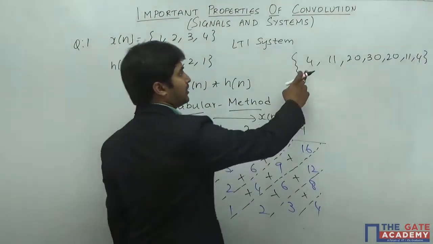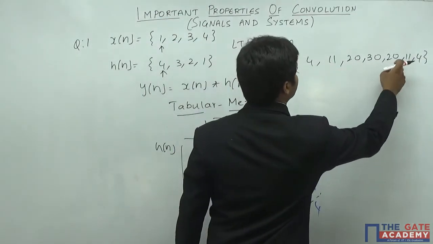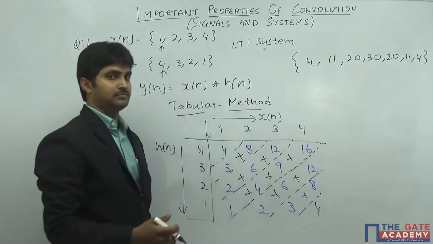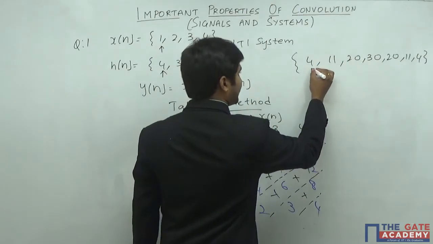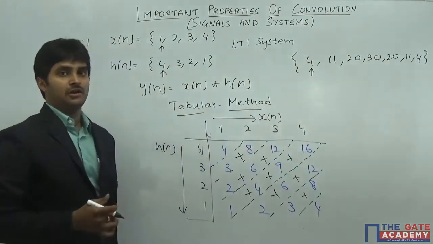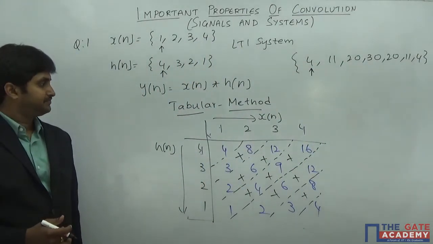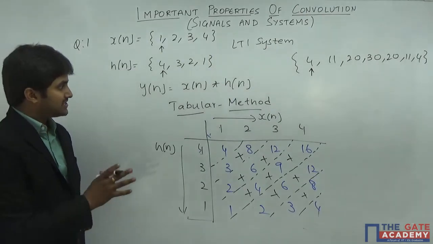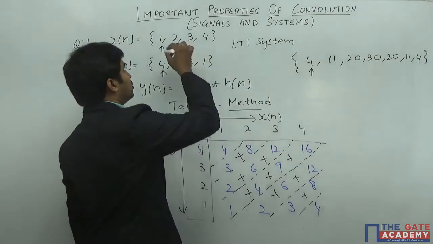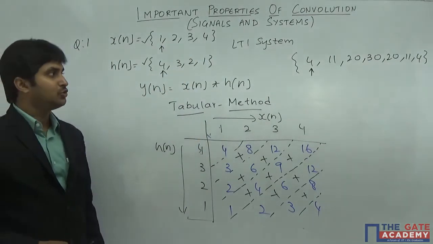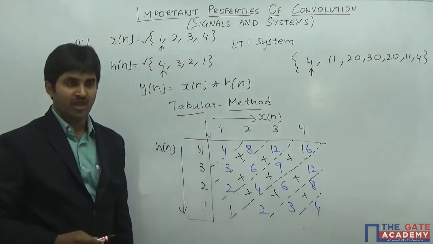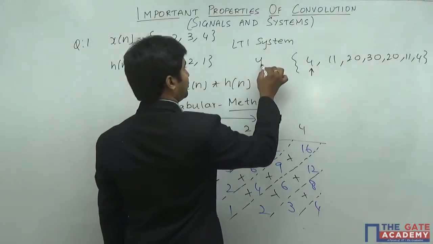So I'll have 4, 11, 20, 30, 20, 11, 4, and the arrow will be here. I'll tell you why the arrow is here, and why not at the other points. So this is the tabular method by which two finite length samples can be convolved to produce the response. Now this is going to be the output y of n.